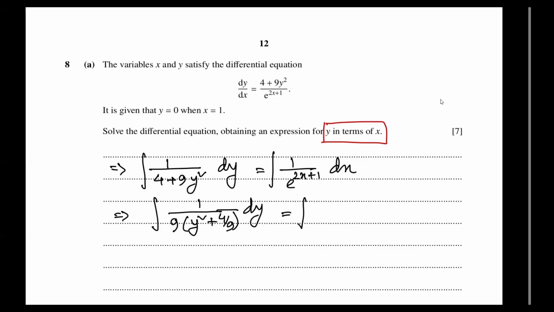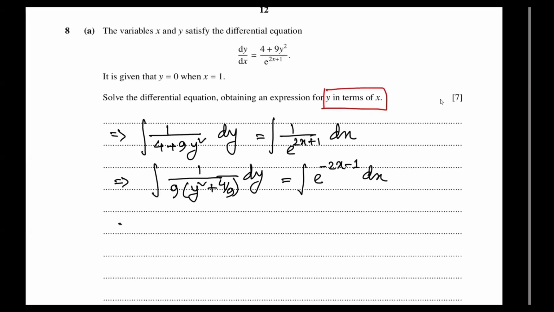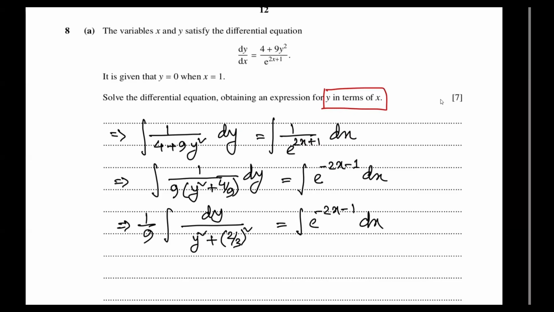And here on the right hand side, you have to bring the denominator to the numerator so that it will be e to the power minus 2x minus 1. Now bring this 1 by 9 outside and it is dy over y square plus 2 by 3 square. On the right hand side we have e to the power minus 2x minus 1. Now integrate.